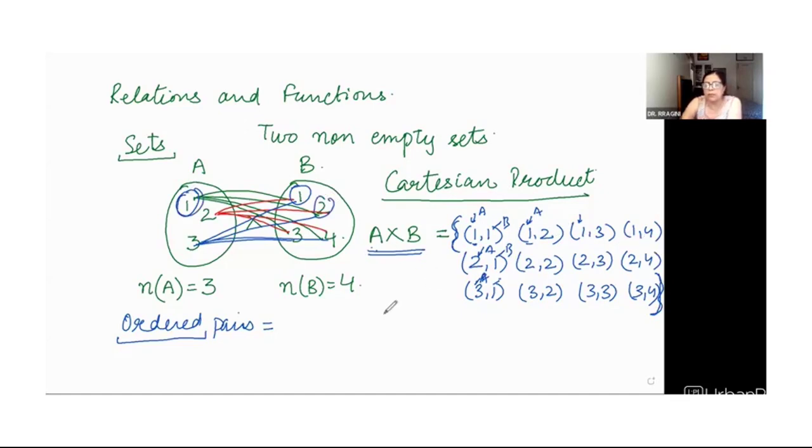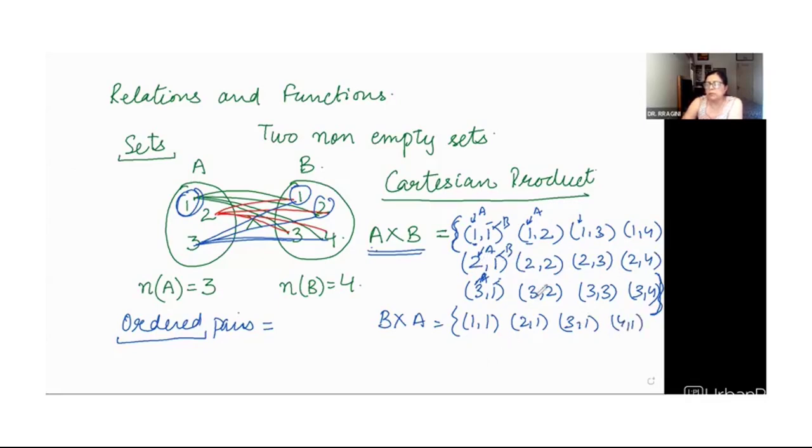If we have to write B cross A, it is nothing but the same ordered pairs in the reverse order. B cross A. So I will be writing just like this. 1 is written first, (1,1), then (2,1), right? (1,1), (2,1), (3,1), and (4,1), right?